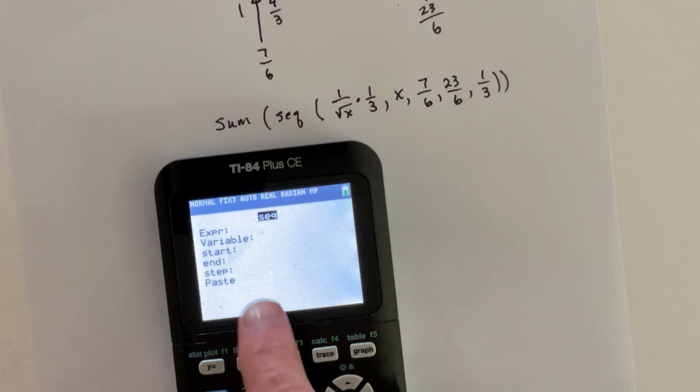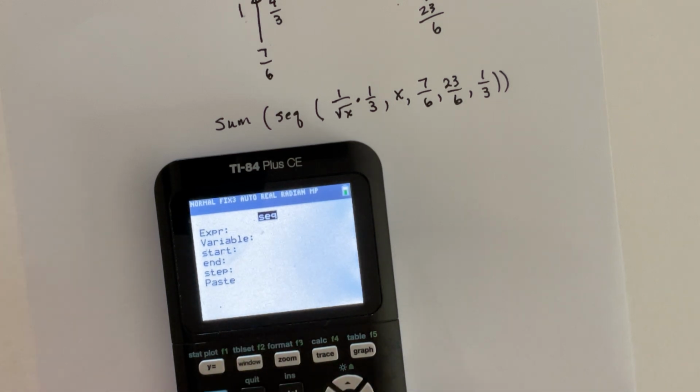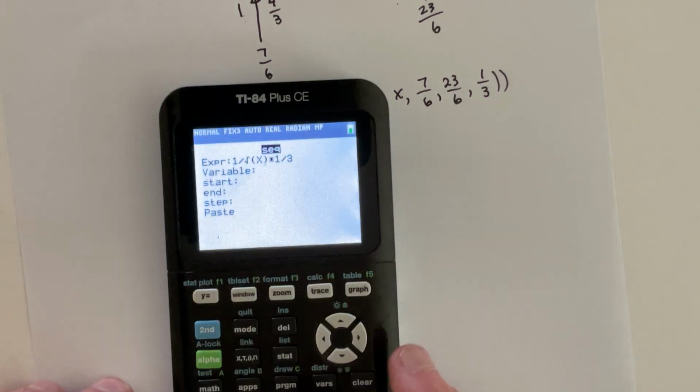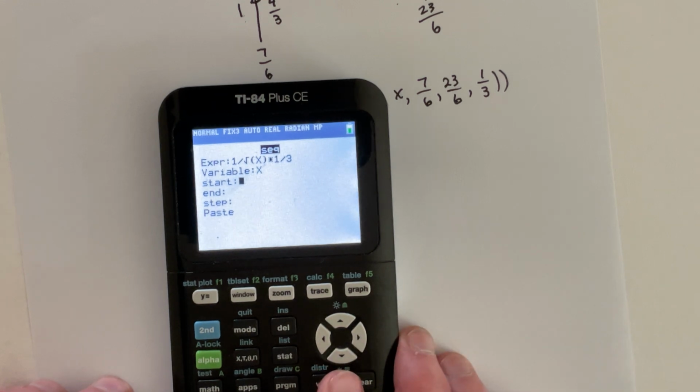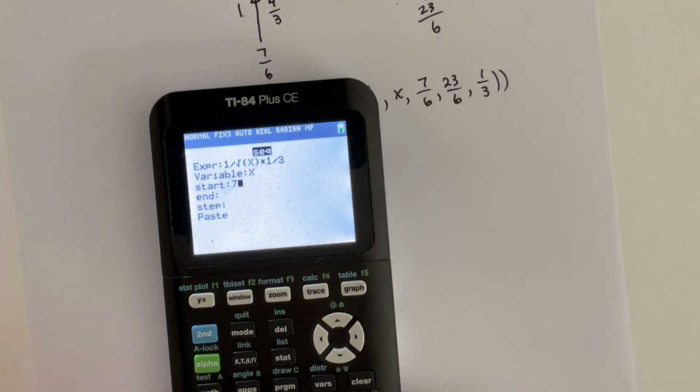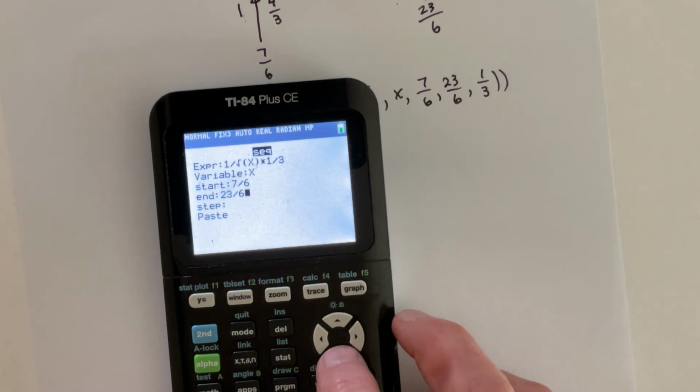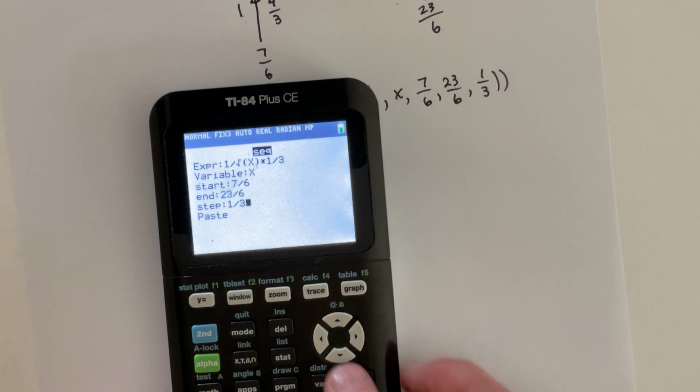Now, depending on the age of your calculator, the newer operating systems have this little table, so you would just go 1 divided by the square root of x, and then times 1/3, and then tell it that the variable is x, and then it starts at 7/6, it ends at 23/6, and the step is always the delta x, so that's a 1/3. And then put paste.